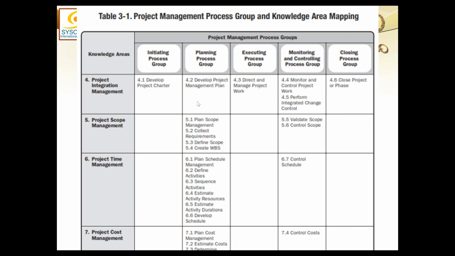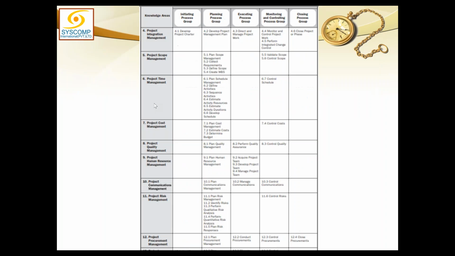Now looking at the planning, in planning you will observe that all the 10 knowledge areas are represented here. When we are doing planning, everything is being planned. Scope, in front of scope you see 4 processes. So there are 4 processes of scope planning.